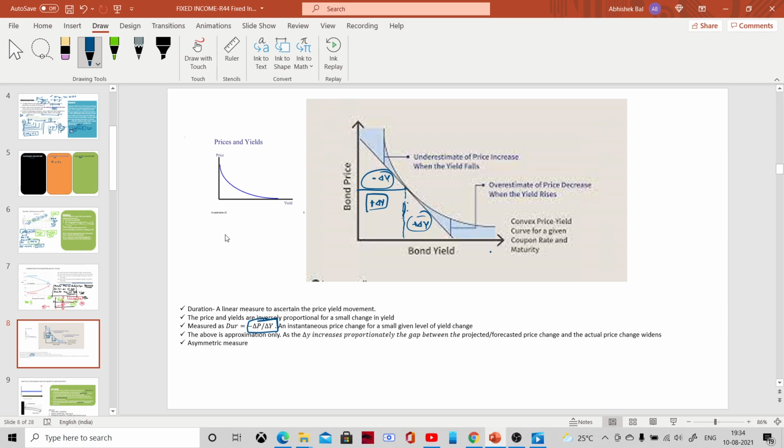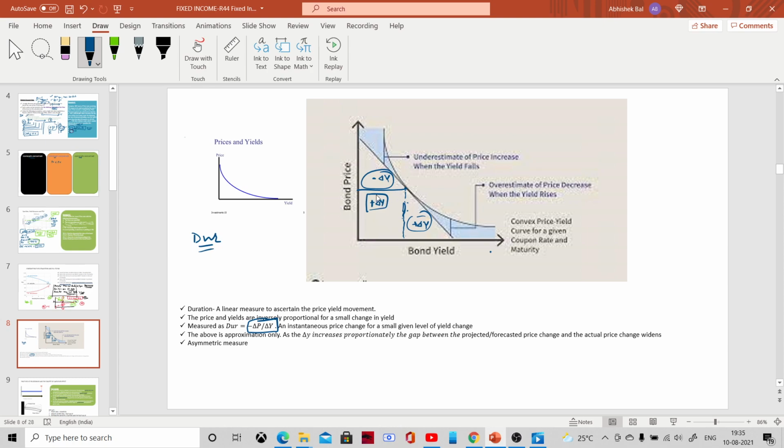And this linear measure is called the duration. We have already discussed that in our preceding chapters. The duration is the measure of the sensitivity of the bond. Earlier we talked about Macaulay duration, modified duration, and different kinds of duration. Duration is nothing but the measure of sensitivity of the bond.